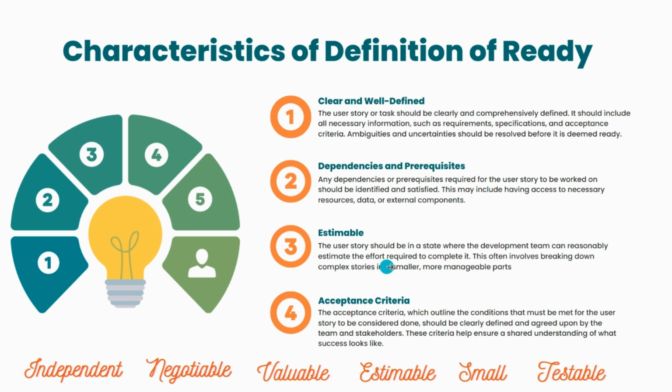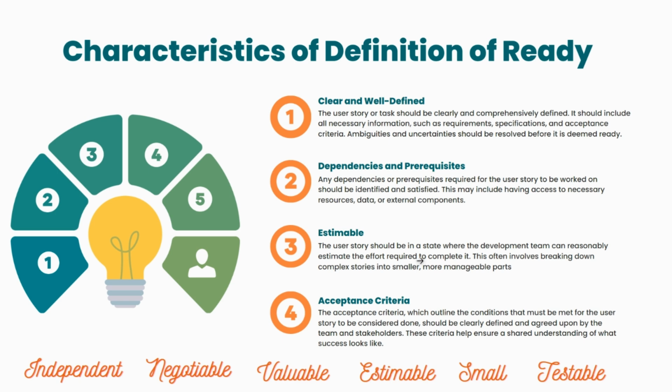Then estimable. Any story we are talking about, we should be able to estimate it, and the estimation can only be done when all the information is clear in the story. So estimable is a very important aspect.